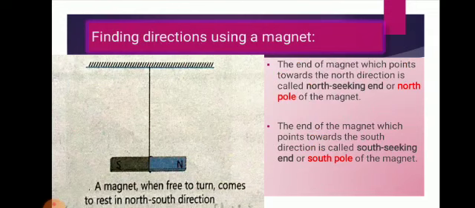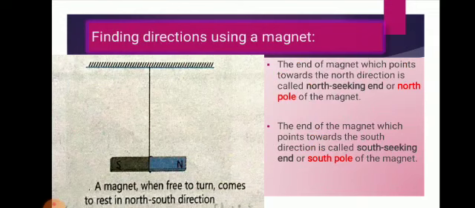If a magnet is suspended by a thread, it will come to rest in a position close to the north-south direction. The end towards the north is called the north pole or north-seeking pole, denoted by the letter N, and the other end towards the south is called the south-seeking pole or south pole, denoted by S. For centuries, travelers have made use of this property of magnets to find directions.